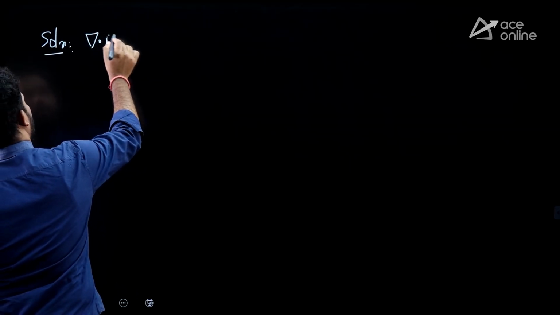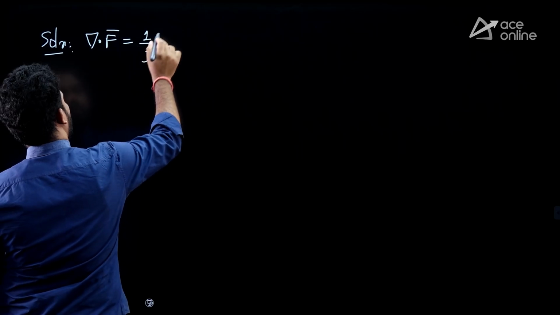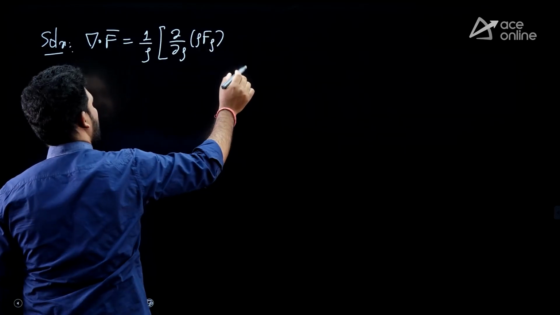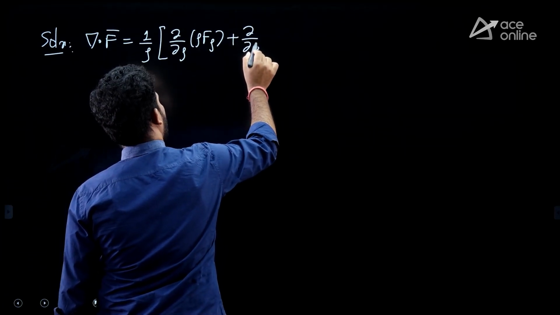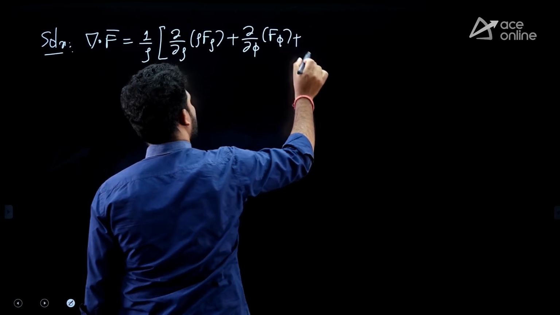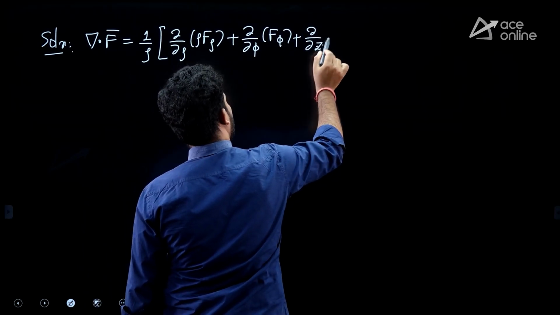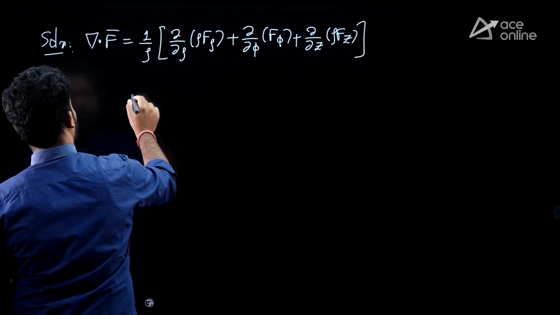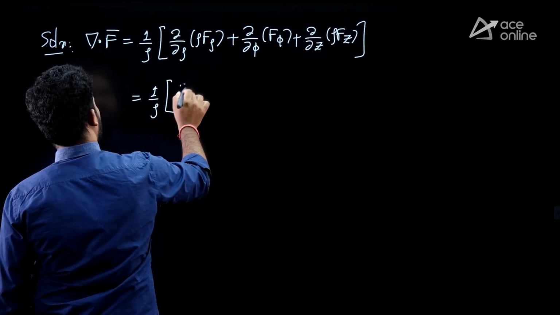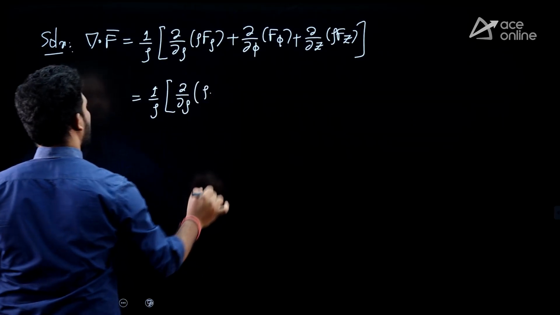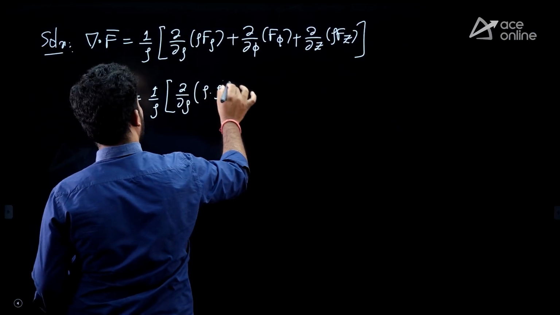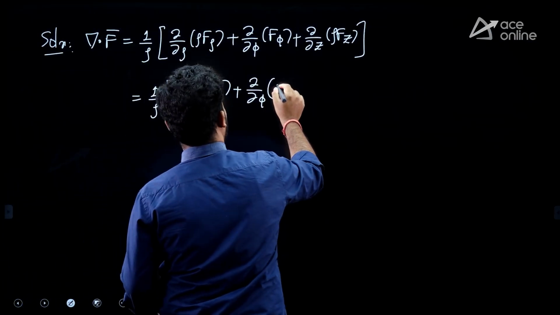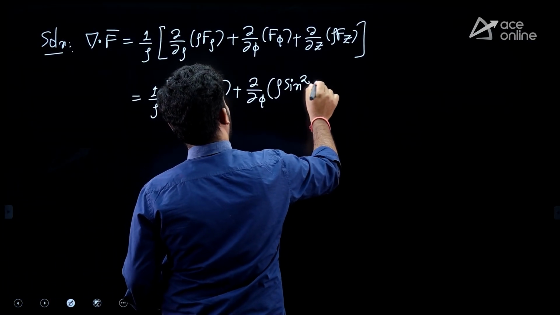So what is the divergence of f formula? It is 1 by rho into dou by dou rho into rho f rho, plus dou by dou phi into f phi, plus dou by dou z into rho into fz. Clear, guys? So you can substitute there: 1 by rho into dou by dou rho into rho square, since f rho is rho. Dou by dou phi into f phi. What is f phi? It is rho sin square phi.